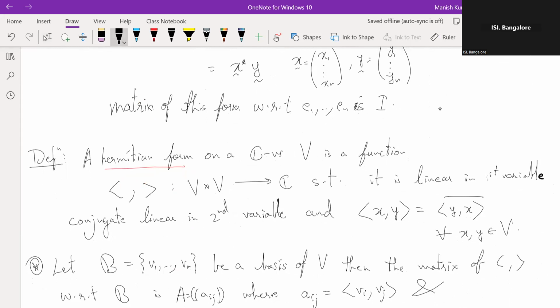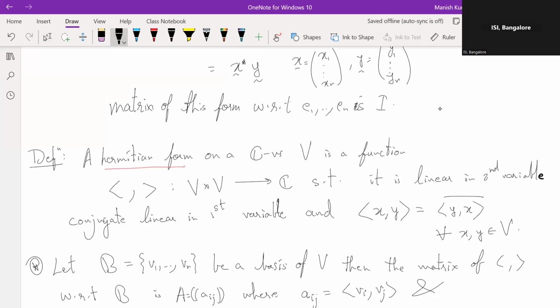Sorry, it's not linear in the first. It's linear in the second variable. Sorry, I've written it wrong, let me just fix it. Linear in the second variable. So in y it is linear, and conjugate linear in the first variable.